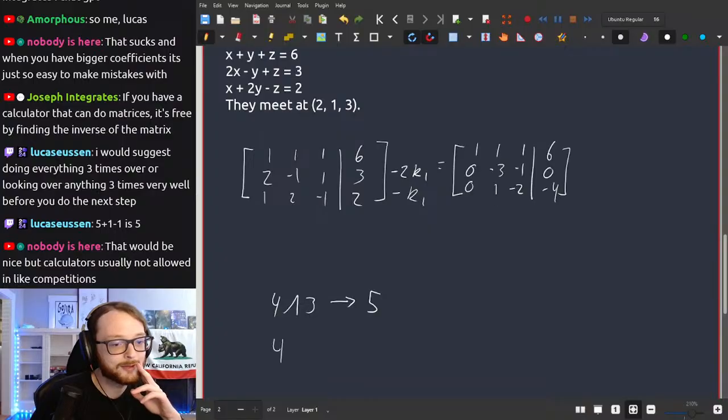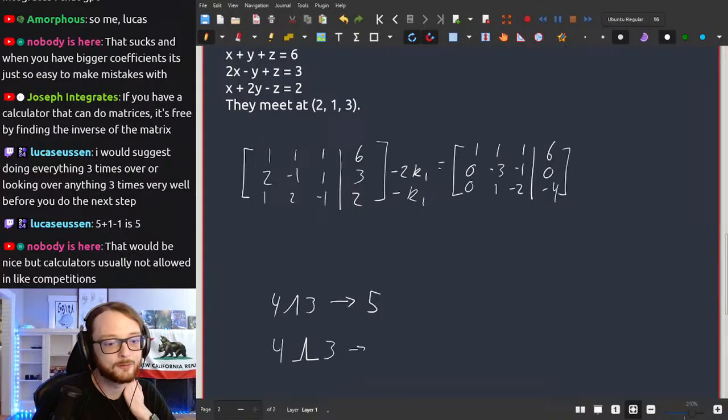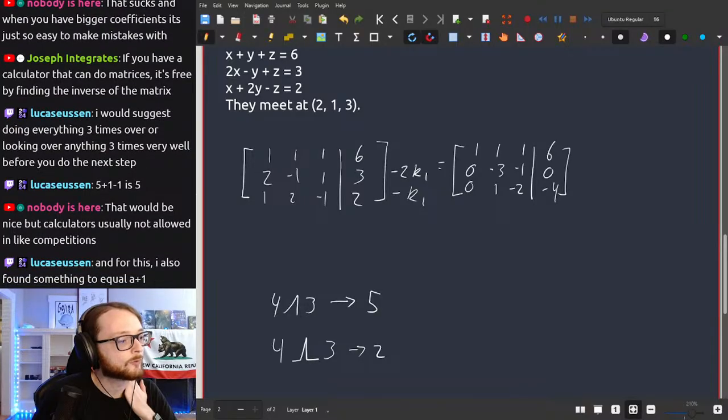But if you have this minus wedge thing, I don't know exactly if you write it like that or not, you're saying it's the min minus 1, so it'll give you 2. So when you have bigger coefficients, yeah, it is.